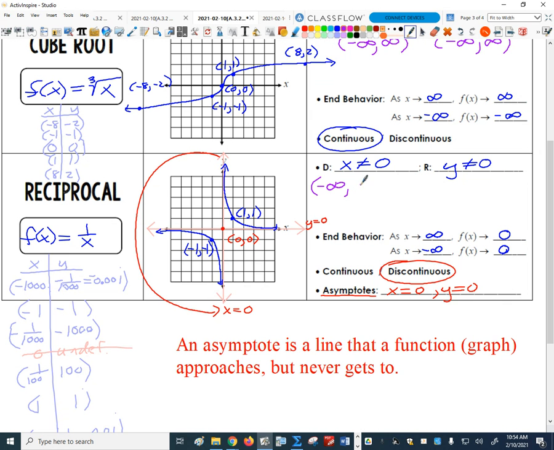So we would have all values of x less than 0, or all values of x greater than 0. So it'd look like that, wouldn't it? Okay. And then same thing for the range, right? All the y values from negative infinity to 0, but we need parentheses because we're not including 0, and then parentheses 0, comma, infinity.